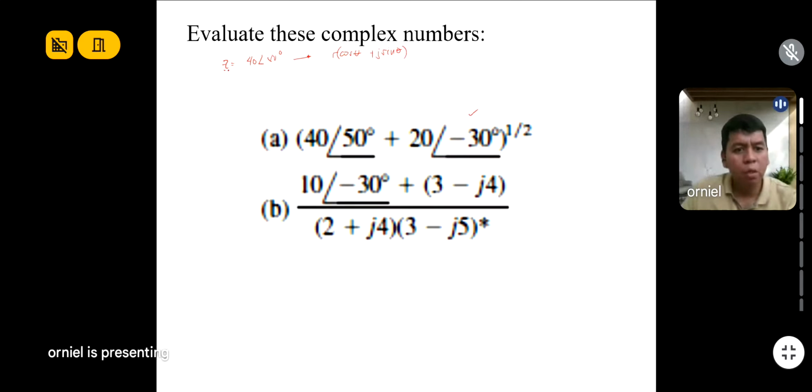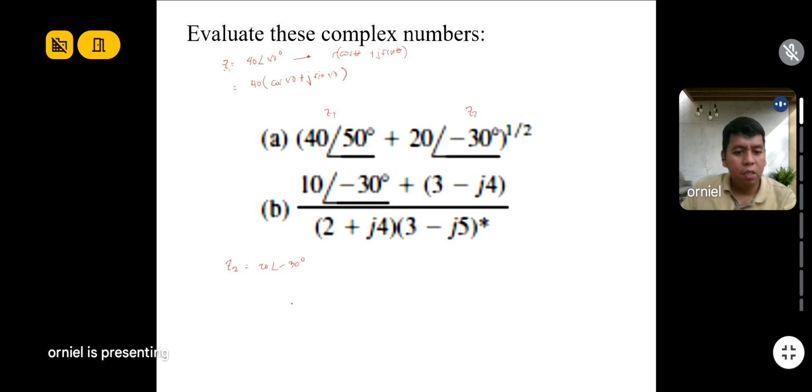Assuming this is Z1 and this is Z2. To convert Z1, we have R, which is 40, cosine 50 plus J sine 50. That's one. And for Z2, Z2 is equal to 20 angle negative 30 degrees.